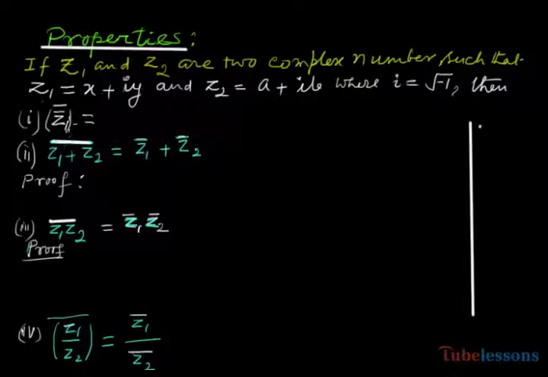Then the conjugate of Z1: as Z1 is x plus iy, the conjugate is x minus iy. And then taking another conjugate, so we write another bar here, the conjugate of x minus iy is x plus iy, which is equal to Z1.